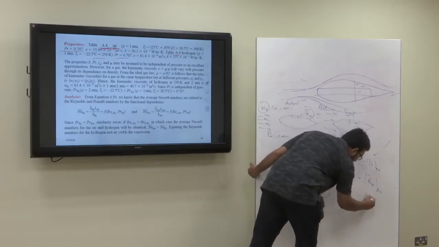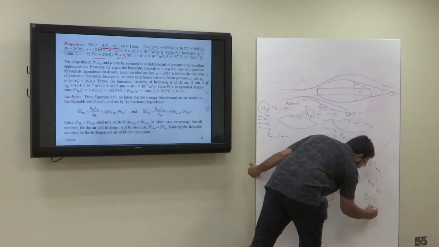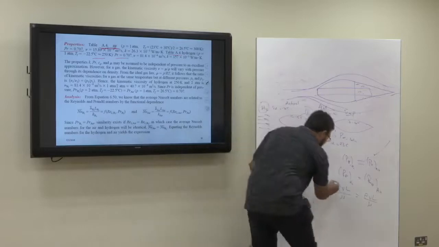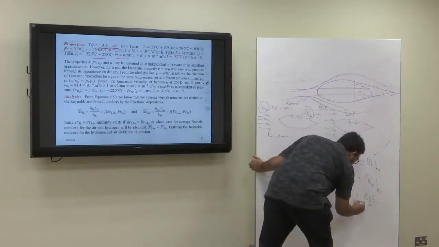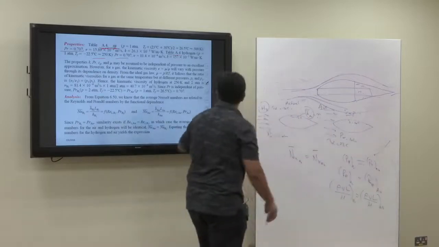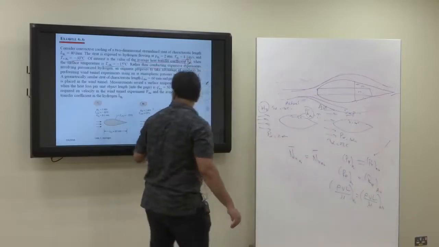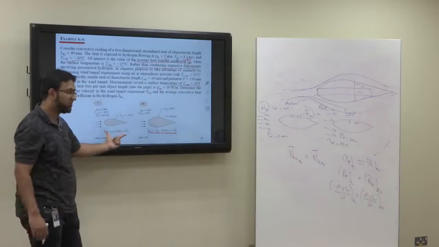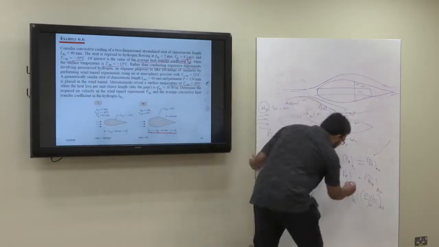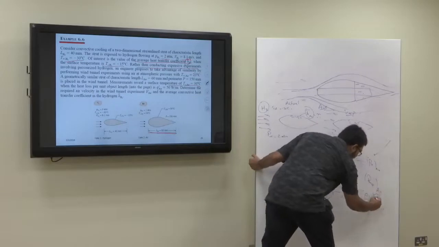It should be like this, right? But this is for hydrogen case. This is for air case. Now let's first talk about L. We know the characteristic length for hydrogen case. We know the characteristic length for air case. So this thing we know, L we know, right?